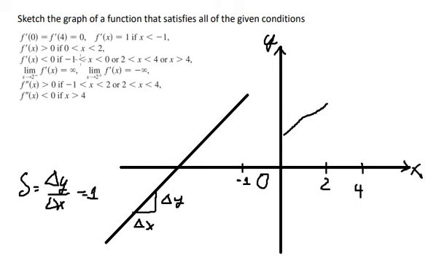When the first derivative is smaller than 0, from negative 1 to 0, it decreases, so it goes down. From 2 to 4 it goes down like this, and when x is greater than 4, it continues going down.